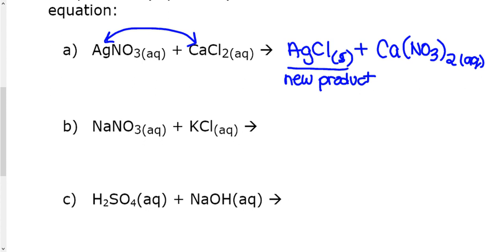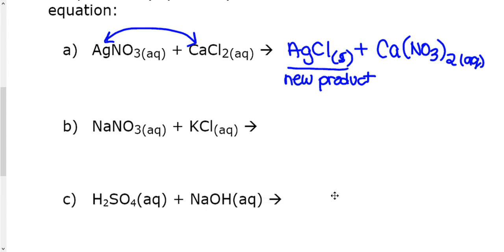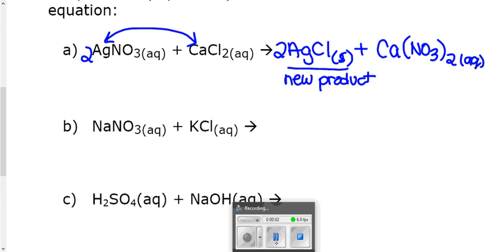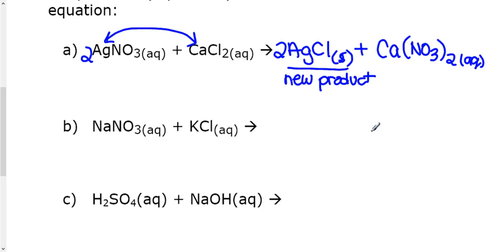So if you haven't balanced the equation yet, make sure that you go through and try balancing it now. So now when we go through and balance, we're going to put a 2 here, and we're going to go and make sure there's a 2 there. Then let's take a look at the next example.